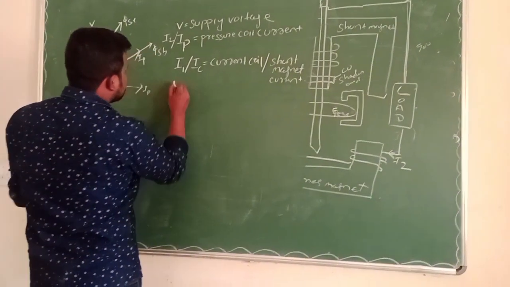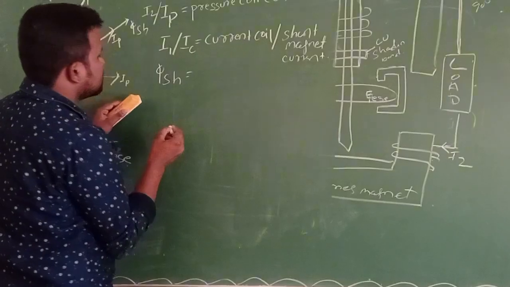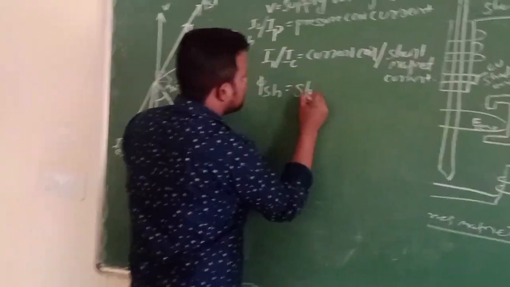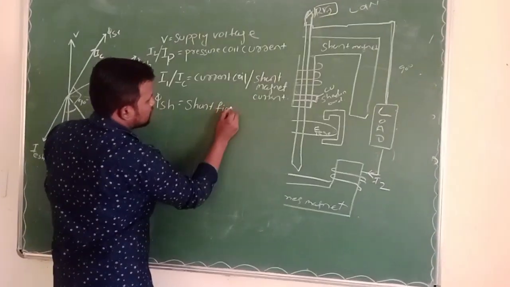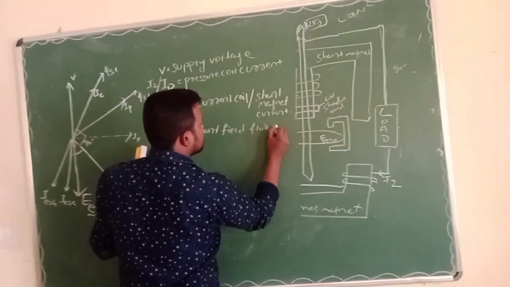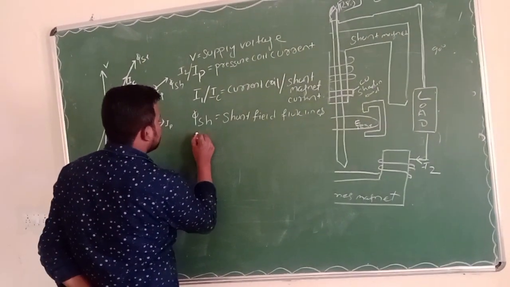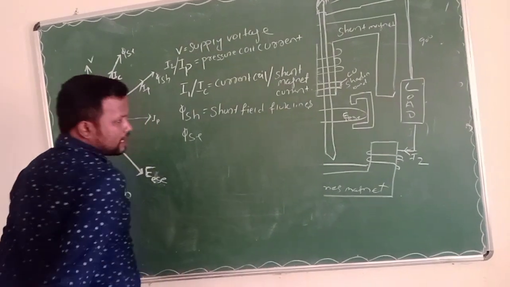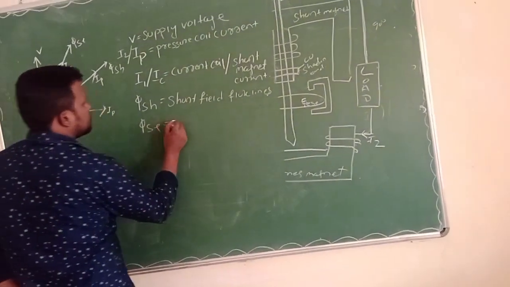Correct. And phi SH should be the shunt field flux line, and phi SS should be the series field flux line.